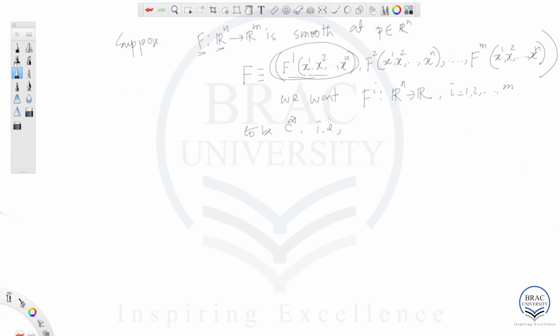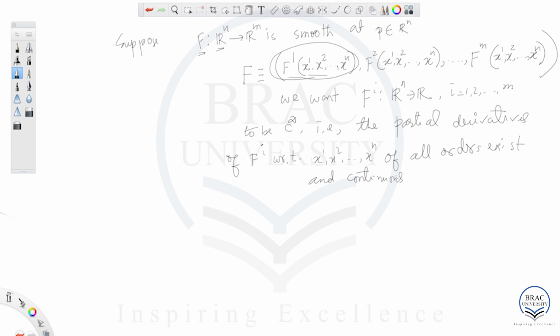That is, the partial derivatives of Fi with respect to these n coordinate functions x1, x2, all the way up to xn, of all orders exist, and they're all continuous.